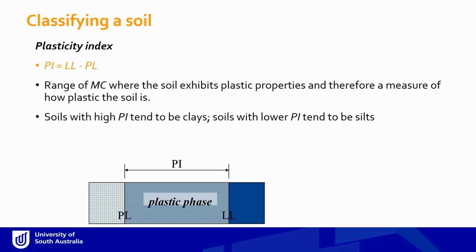If we have a very high liquid limit and high plasticity index, it can be an indication that the soil is highly plastic. And if we have a plasticity index very close to 0, it's a soil that is non-plastic, so its behavior is going to be dominated by its particle size distribution, basically.